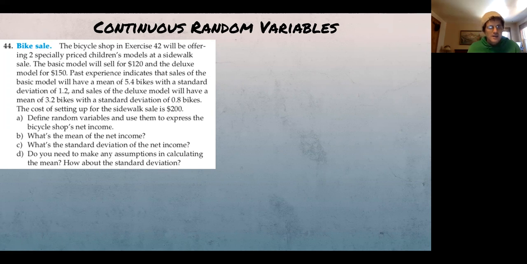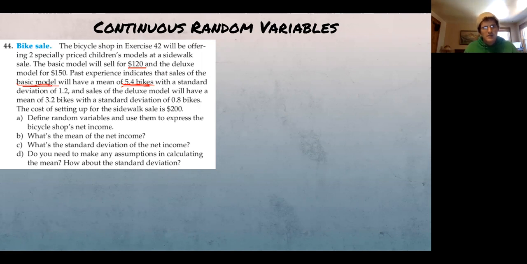So I'm going to start by converting this 5.4 bikes with the basic model. The basic model has a mean of 5.4 bikes, and it costs $120. So I want to convert this from the unit of bikes into the unit of dollars.